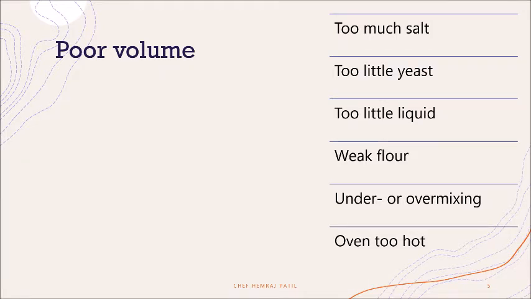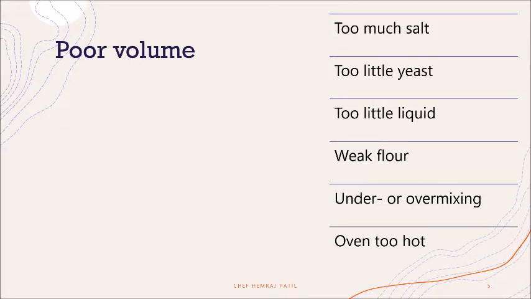So these are basically the ingredient faults. If you do not accurately weigh your ingredients, then it will have a very adverse effect on the bread. The next fault is related to mixing. If you do not mix the dough properly, if it is under or over mixed, that is also going to have an effect on your bread.